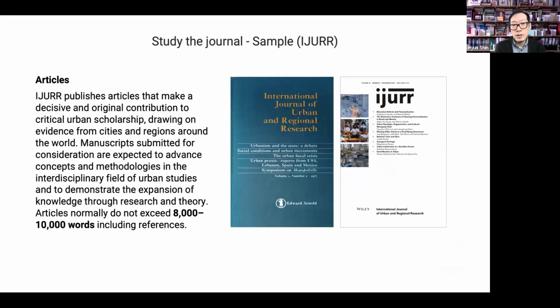As I was saying, please do study the journal, and here is just an example of our iJournal that I'm editing. So here it basically says we are expecting to receive manuscripts which are to advance concept, and here critical urban studies concept and methodologies in the interdisciplinary field of urban studies, and to demonstrate the expansion of knowledge through research and theory.